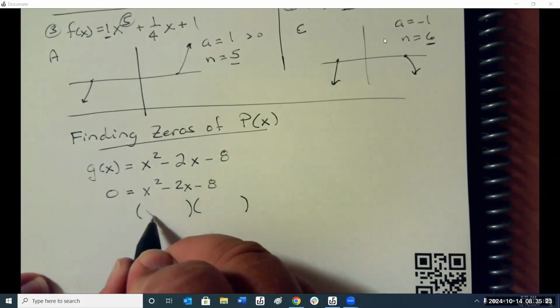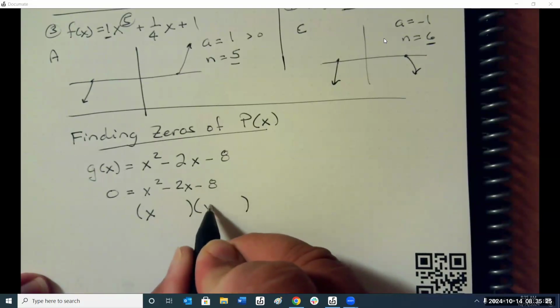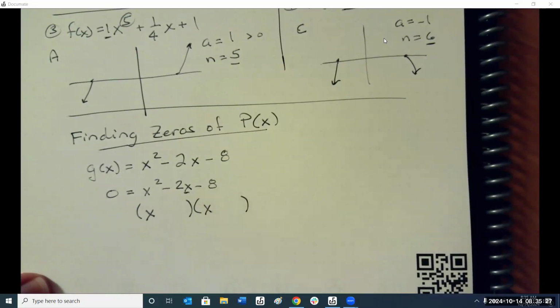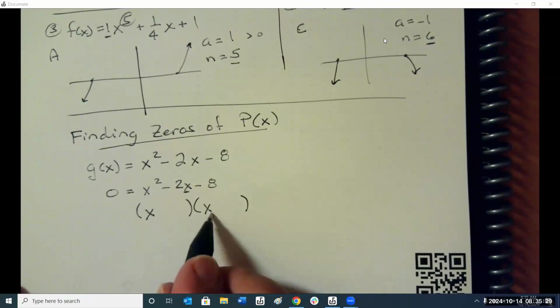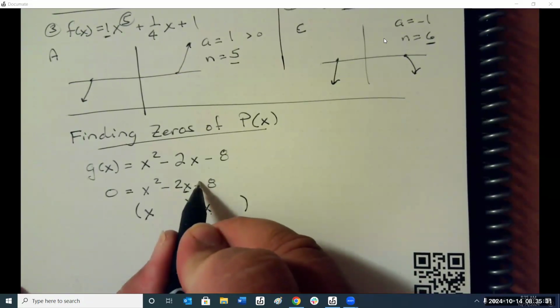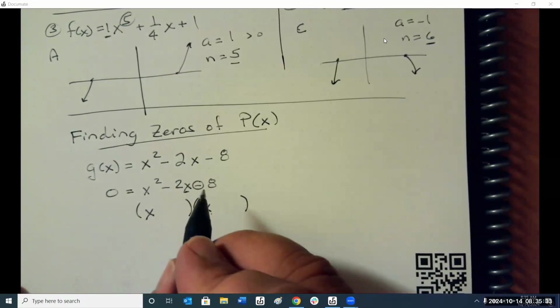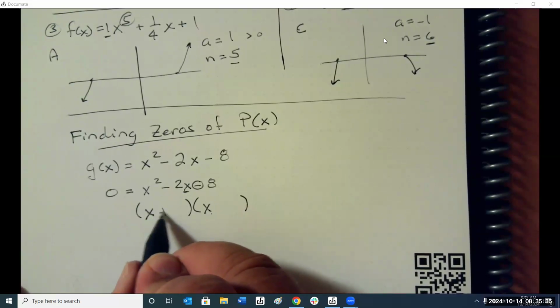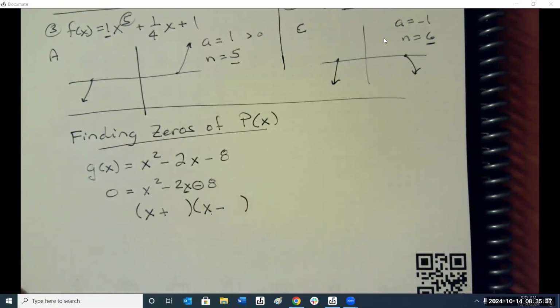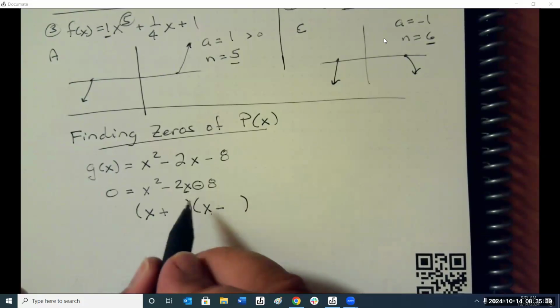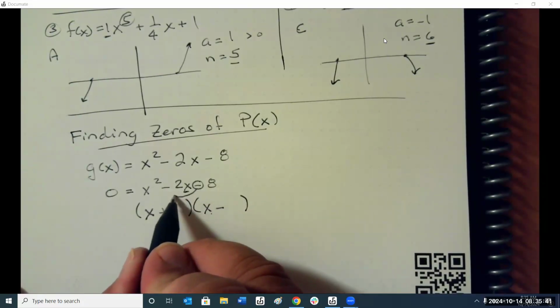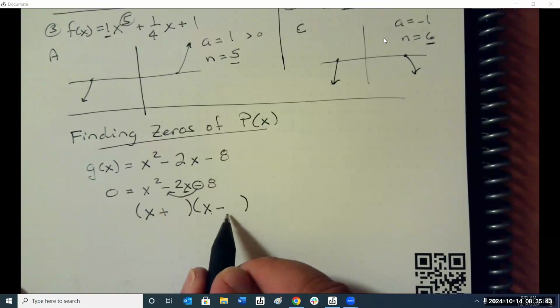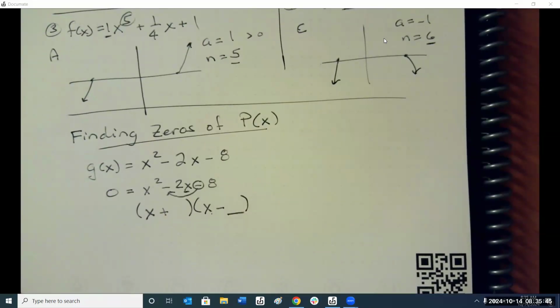So in this one, we know that both of these are x's because we're solving for the middle term. x and x. The second sign is a minus, so they're opposite signs. One's positive, one's negative. And since it's a minus, you look at the first sign, and the bigger number gets that sign.